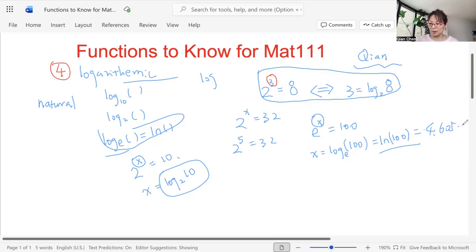Depending on what kind of calculator you have, the decimal places are different. But this is an approximation. It's not exact, right? So it's an irrational number. So those cover the 4 functions we're going to be dealing with in this course. So I hope this helps.